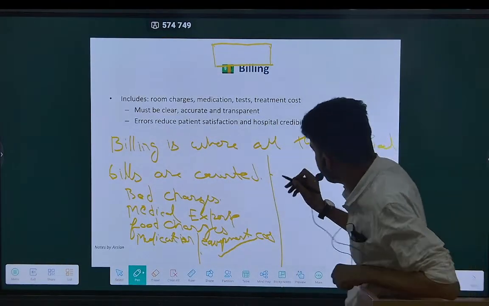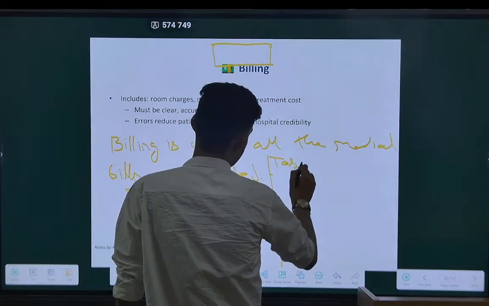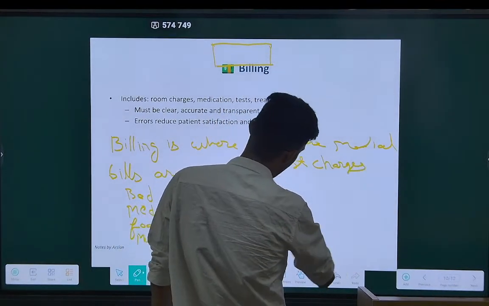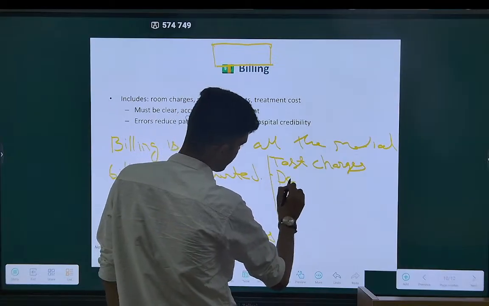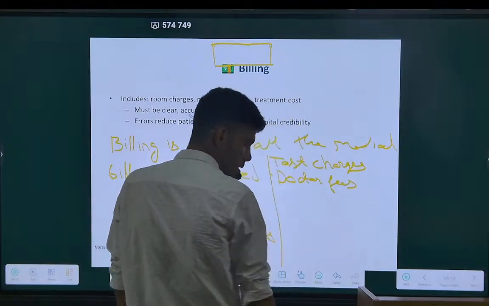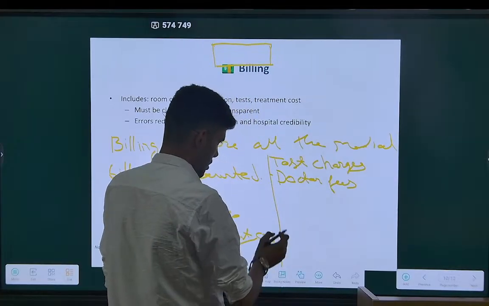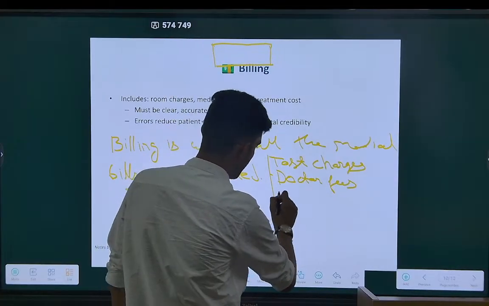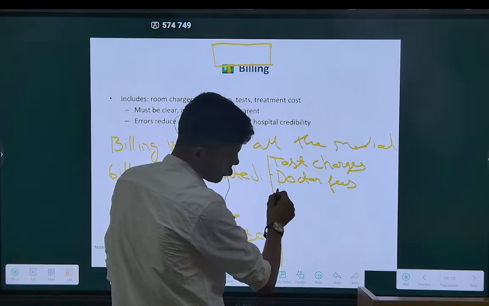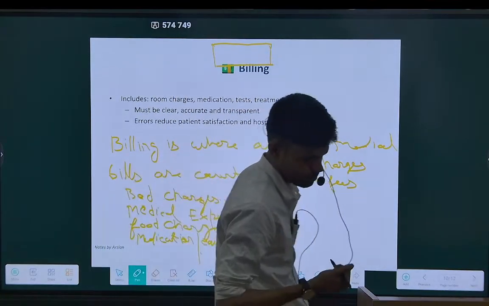What else is done during the stay? They run various tests, so test charges are also included. Doctor fees are included. Suppose they have used certain equipment, like in a knee replacement, so there is the cost of equipment, and they will add that also.